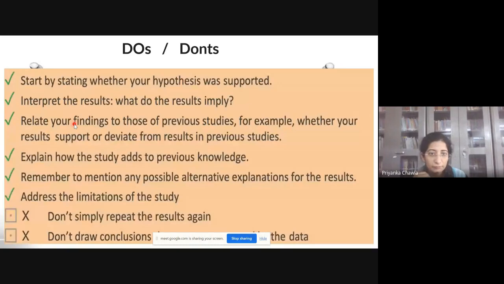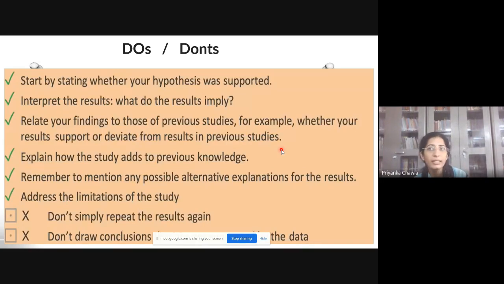Interpret your results with the help of some supported facts. Another thing is to correlate your findings to the previous studies. It is important. Whether your results are supported or not supported, they should be correlated with the previous studies.